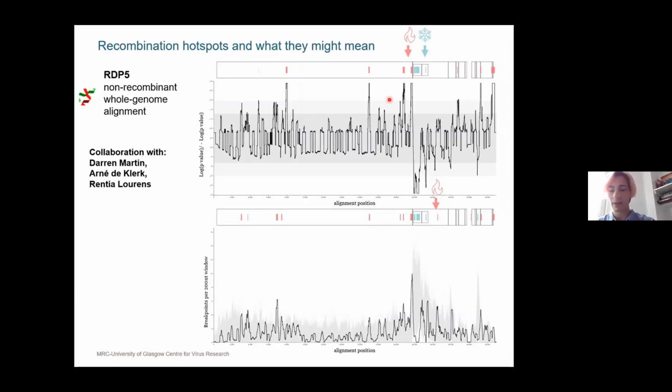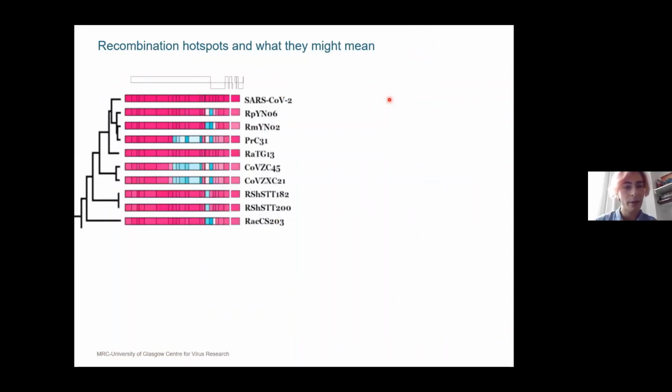And this is important, linking back to the previous things I showed, because for almost every one of the very close viruses that I've been talking about so far, there are recombinant bits in about these regions that I just showed. So right at the start or slightly before the start of spike.